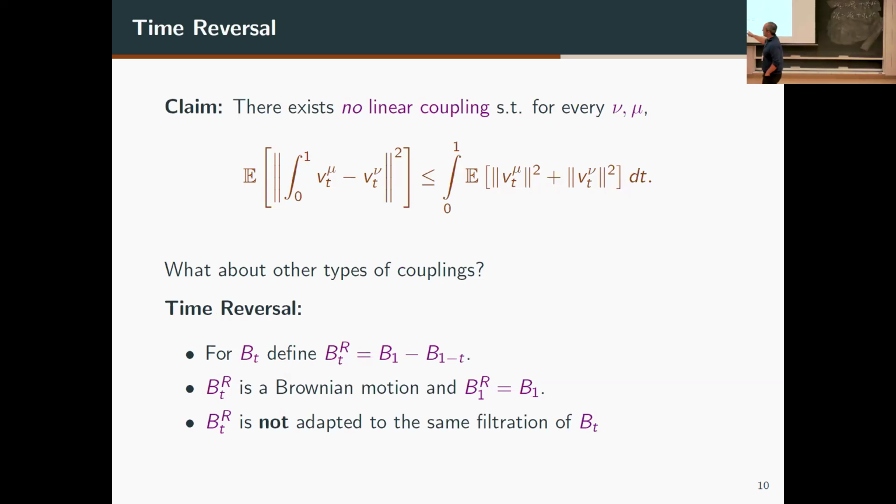If you take a Brownian motion and you reverse the path, you get a different Brownian motion, which starts out from 0. It has the same quadratic variation as the Brownian motion. It starts out from 0, and at time 1, it has the exact same point as the original Brownian motion. But it's definitely not adapted to the same filtration, right?